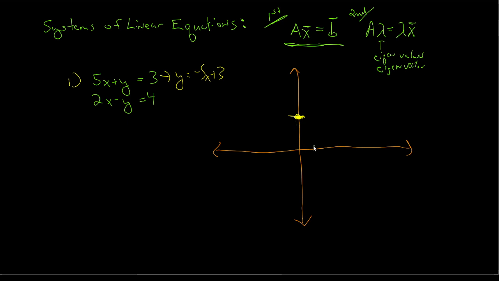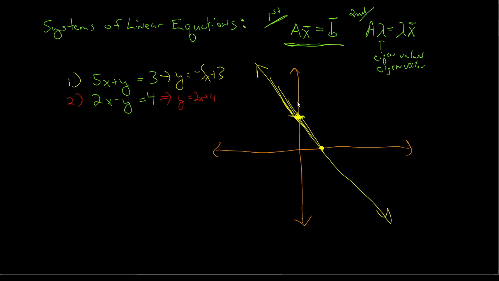So let's see, that's about 3/5. And anything along this line, we have a slope of -5, and we have x and y intercepts that define the first equation. The second equation transforms to y equals 2x plus 4.